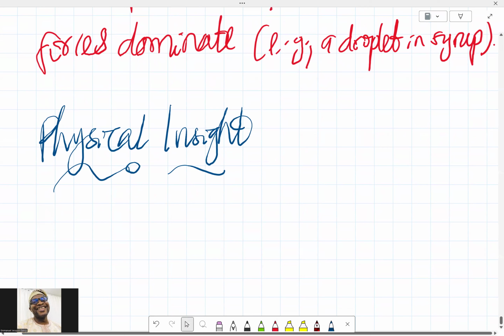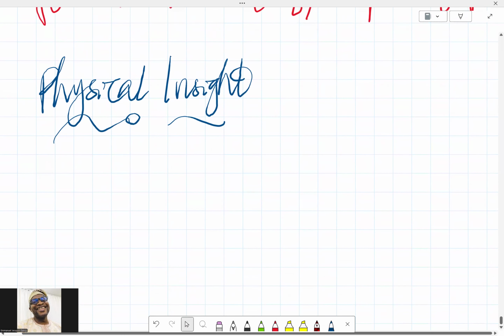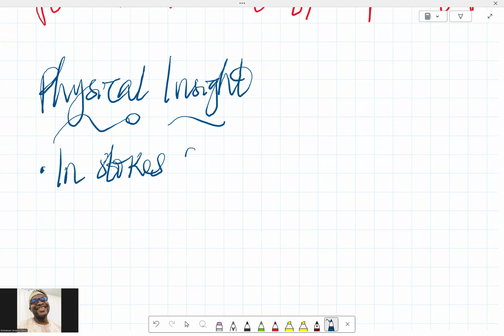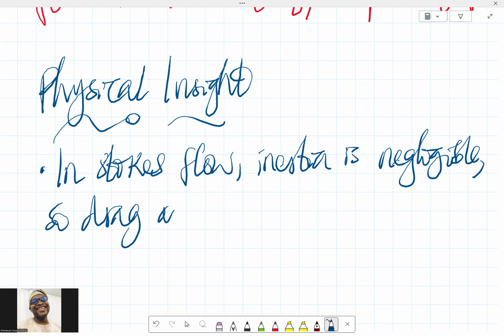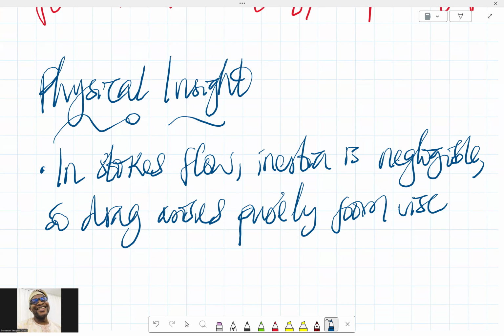So for the physical insights, number 1, in Stokes flow, inertia is negligible. So drag arises purely from viscous shear.